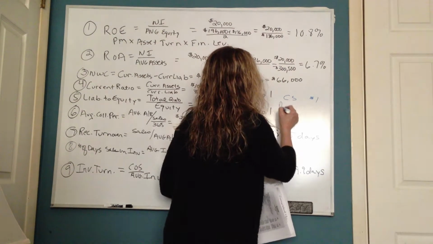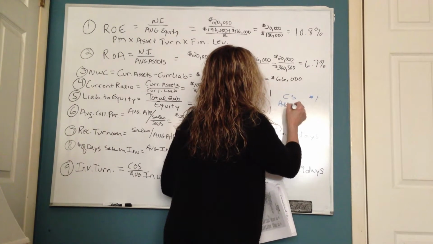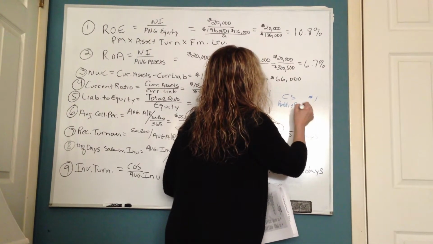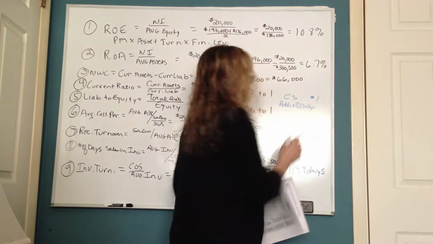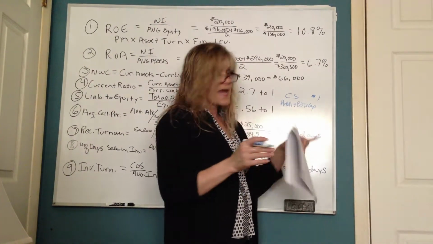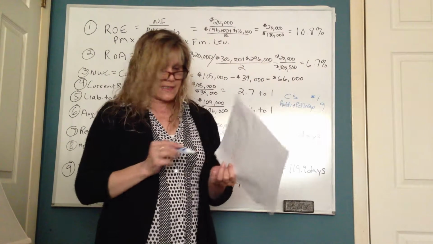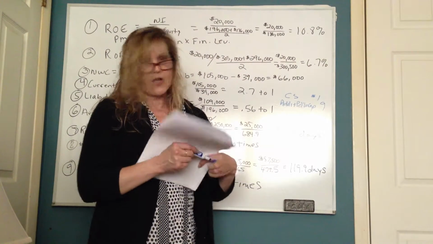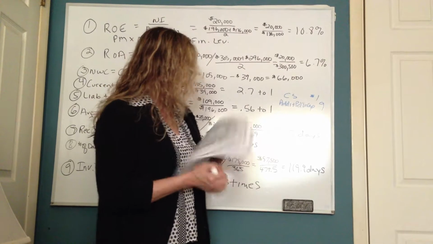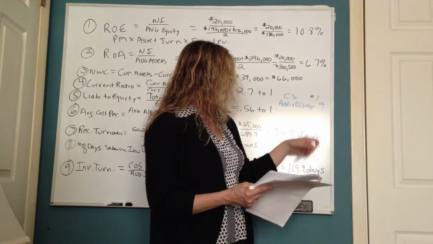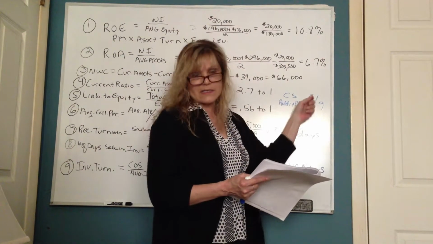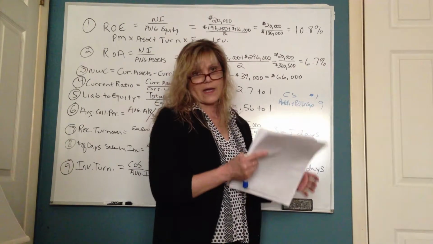That's going to be my additional paid-in capital. It's selling for 10, and my par is 1. Additional paid-in capital for that share of stock is 9. So that's all it means. That's my common stock. My additional paid-in capital is the difference between the par value and what it's sold for.